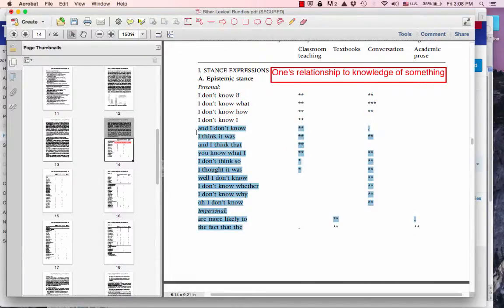Okay, and not only that, but they also have to have an understanding of the relationship between individual lexical bundles and how they fit in a network of other linguistic features to create a history text thumbprint as opposed to a science text thumbprint, as opposed to a language text thumbprint.